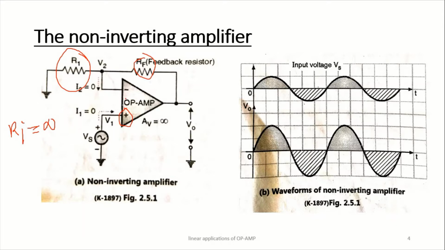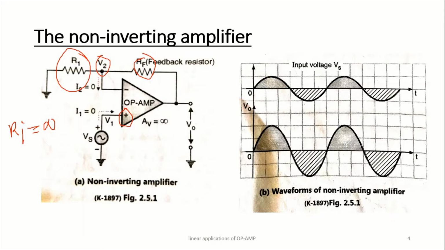Ri is equal to infinity, therefore no current enters from this terminal, so I1 is equal to 0 and I2 is also 0. Therefore, at this node the current entering is 0, and the voltage across R1 is equal to this voltage.